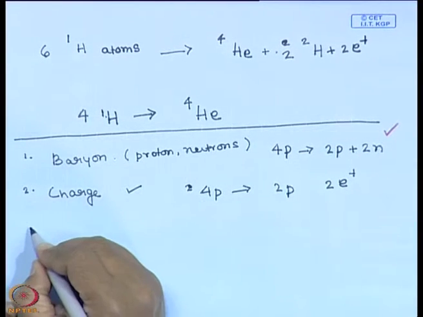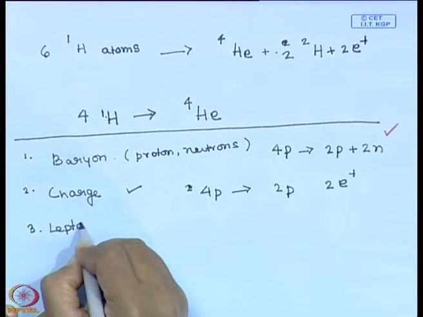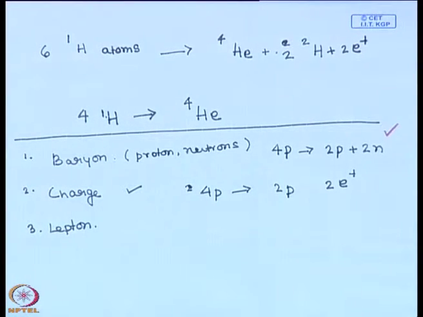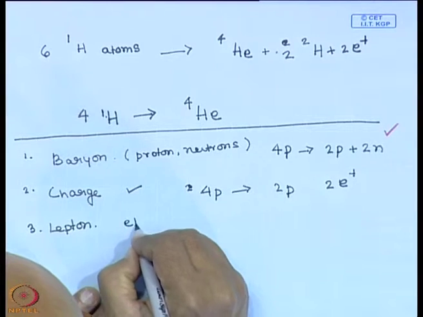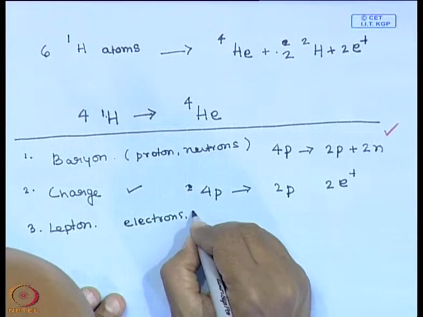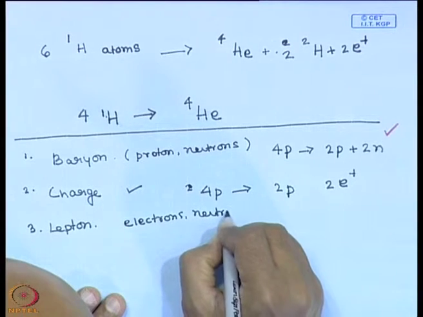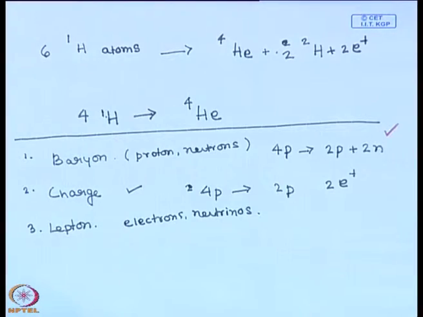Okay. Then we have the lepton number. Lepton number is associated with the electrons, neutrinos, etc. And the antiparticle has a lepton number of -1, the particle has a lepton number of +1, that is the convention.